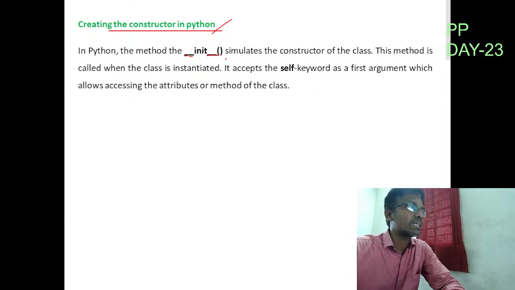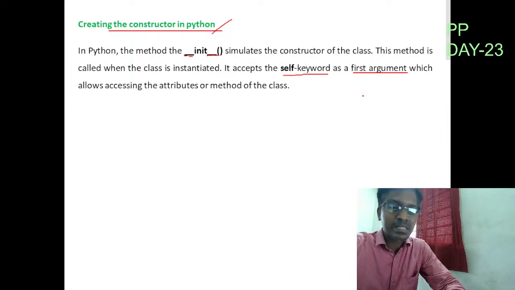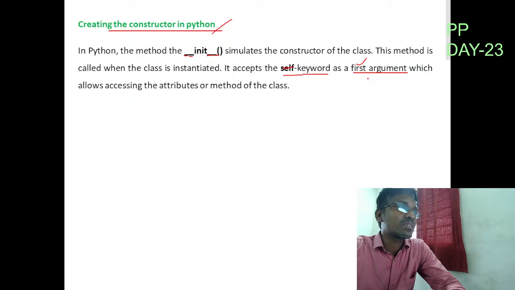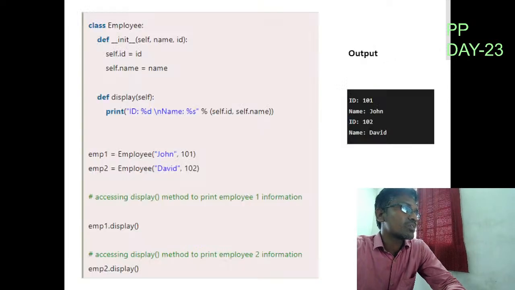This init function or method accepts the self keyword as the first argument. If you write the self keyword as a second or third argument, it will produce errors. In place of self, you can try some other name also, that is your wish, but that first argument must be written first only.